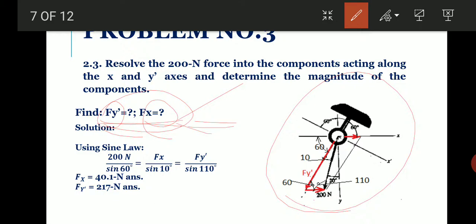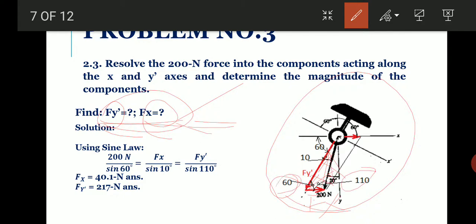Since we have the given 200 Newton here, and we have the opposite angle of 60 degree, we can find Fx, which has an opposite angle of 10 degree, and Fy, which has the opposite angle of 110 degree.